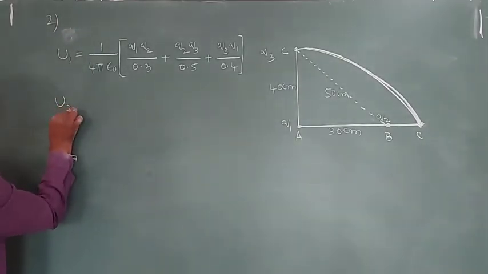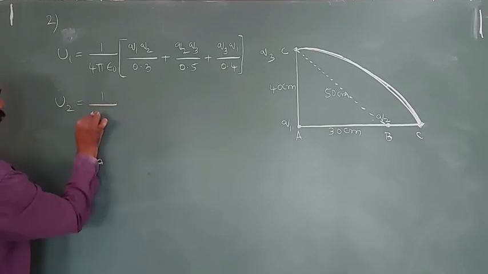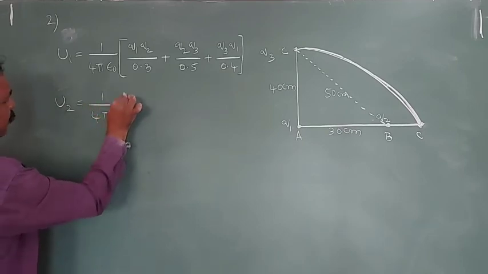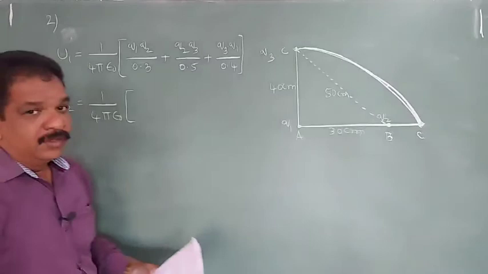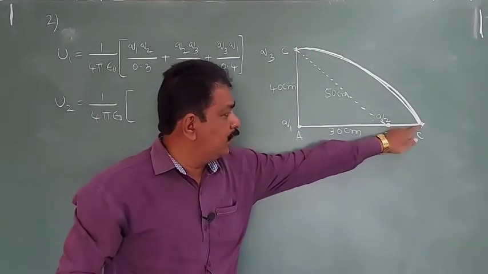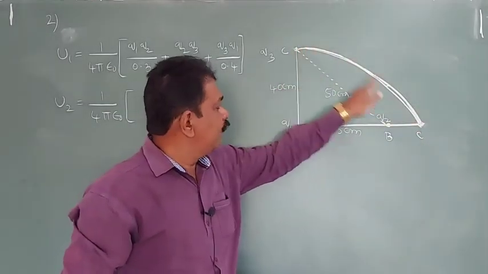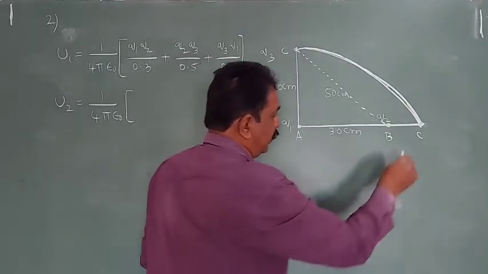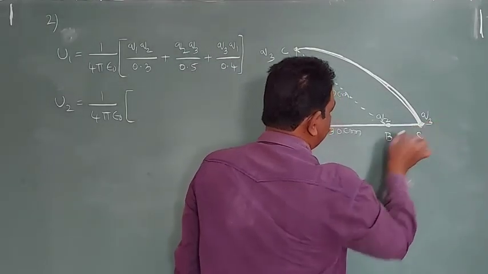Final potential energy, what will happen? See, 1 by 4 pi epsilon naught. This Q3 came to here. It came from here to here. Here Q3 is there in the second case.